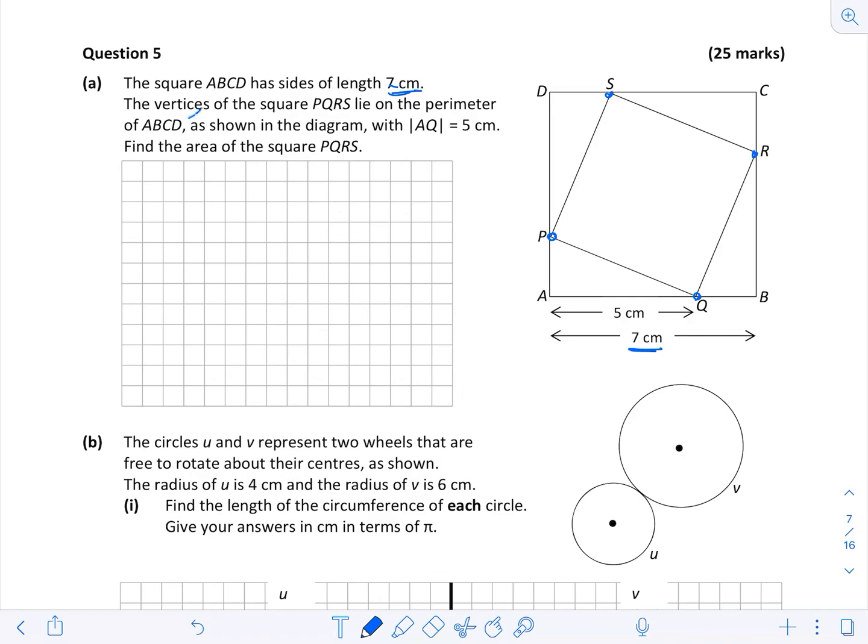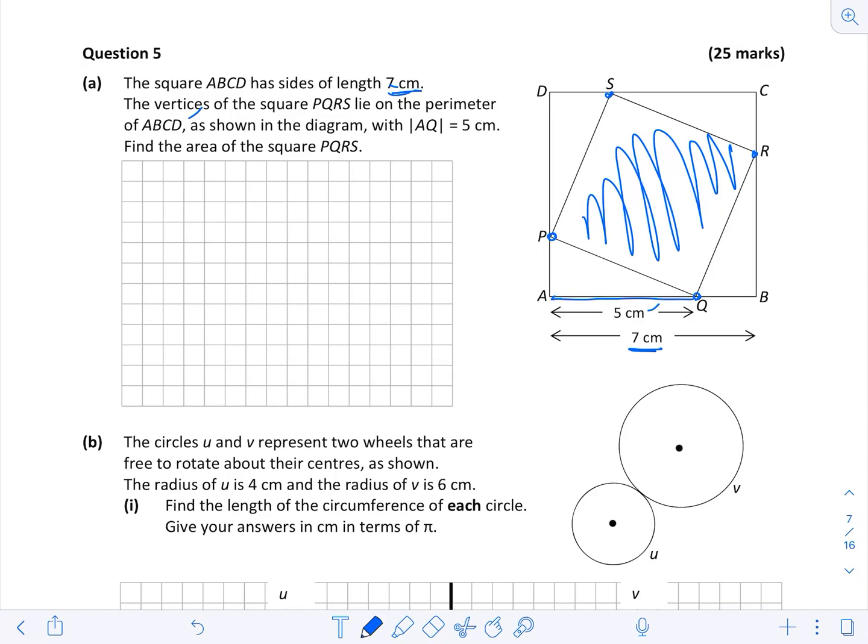Good. With AQ, the distance AQ, this distance here, that's 5 centimeters, that's given. Good. Find the area of the square PQRS. We're asked to find this area in here.